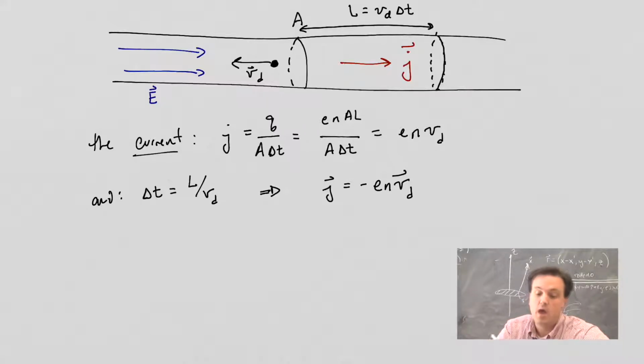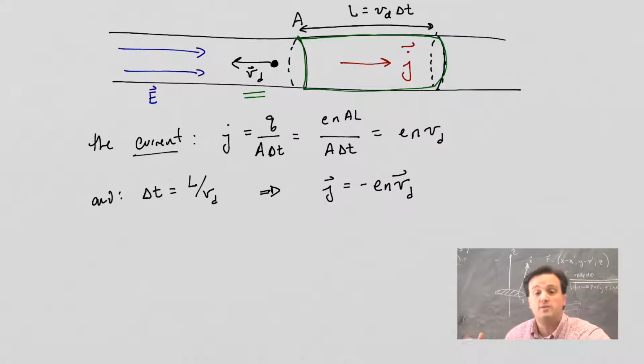We're going to say that those charge carriers propagate through the wire with some speed, which I'm going to call v sub d, which is shorthand for the drift velocity. That drift velocity is going to represent sort of the average speed per charge carrier. So if I'm watching this wire now for some delta t, I can calculate the total amount of charge that's going to cross some cross-sectional area A in some time delta t.